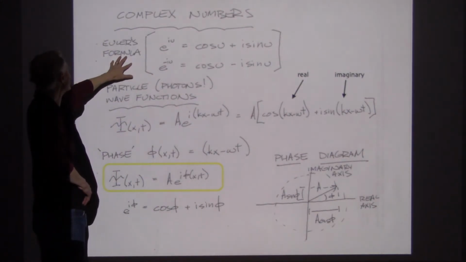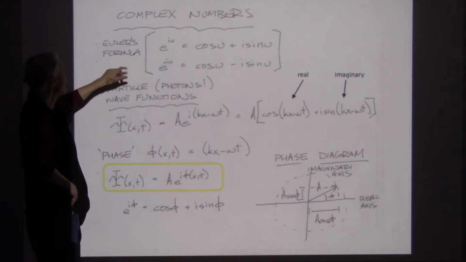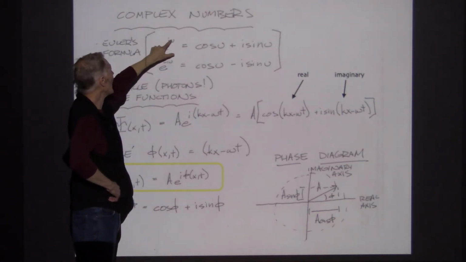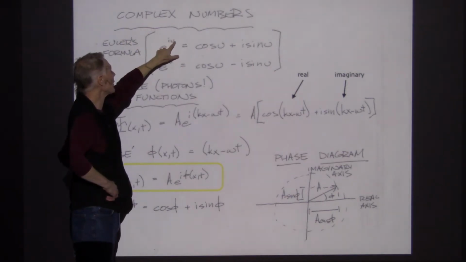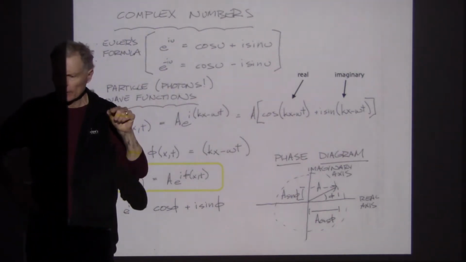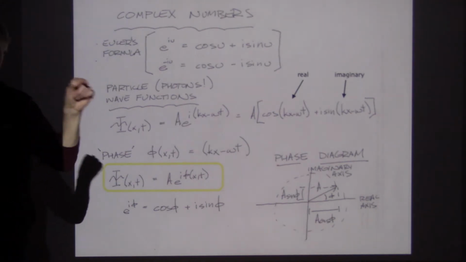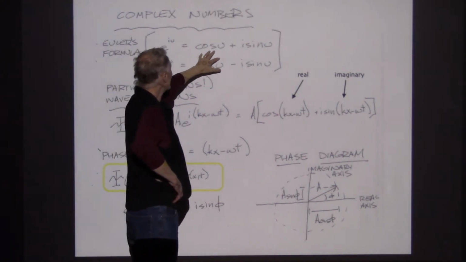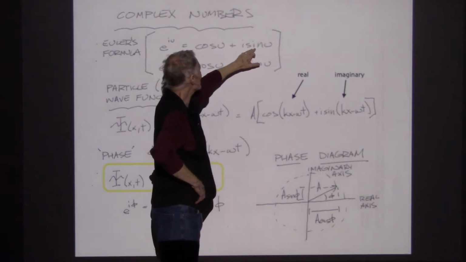From your math classes, I'm hoping you remember Euler's formula. Euler's formula says e to the i anything. So u is our variable here. If I exponentiate i times a variable, times anything, it's going to be cosine of u plus i times sine of u.